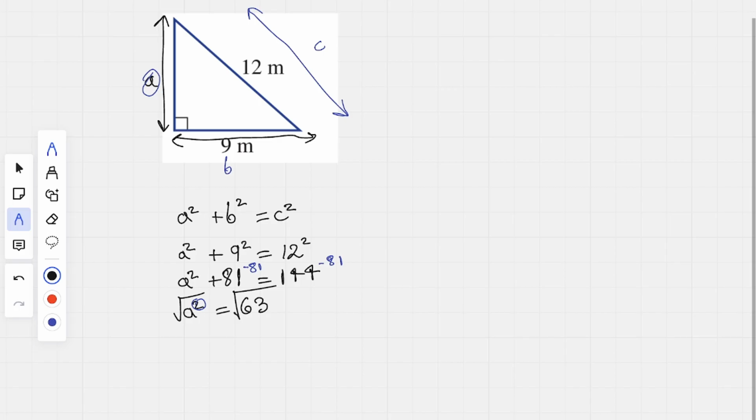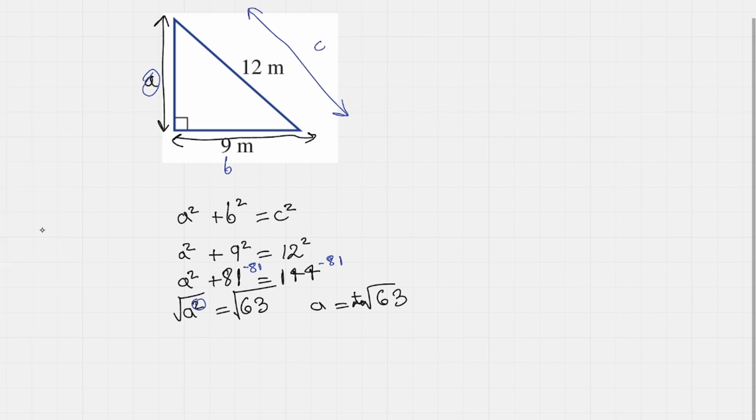Now let's square root both sides in order to remove the square, the A squared, because we just want to find the value of A. Therefore we get A is root 63, plus or minus, but in this case there's no minus because the side length cannot be negative, so we just leave it as plus.